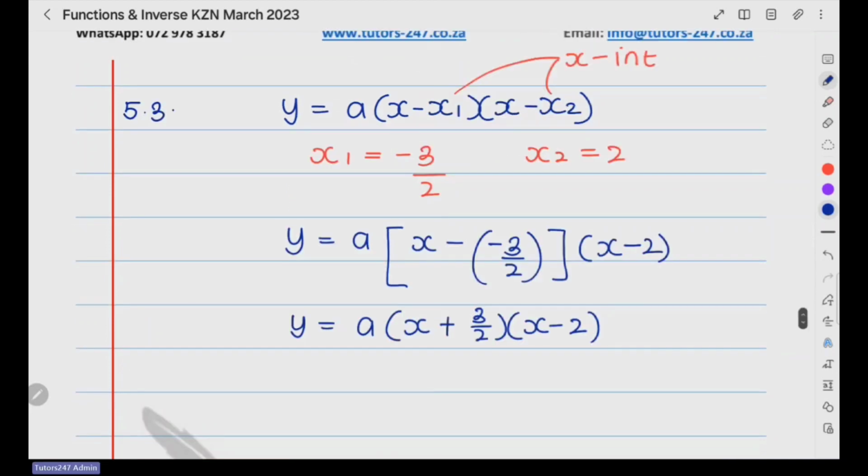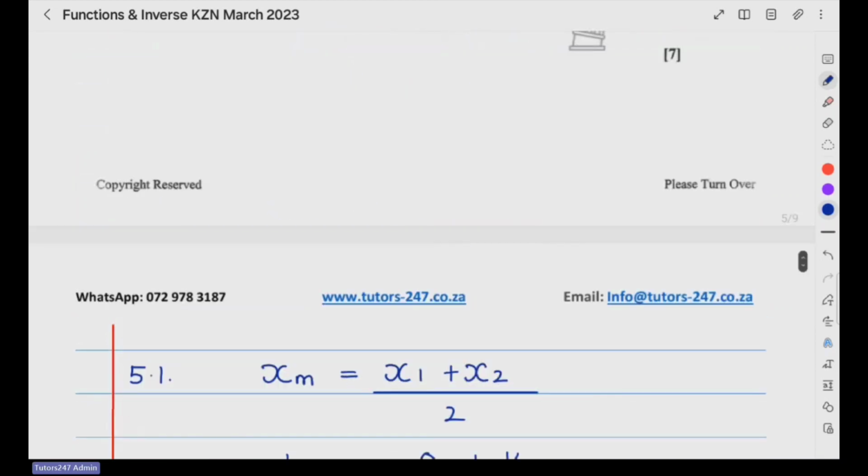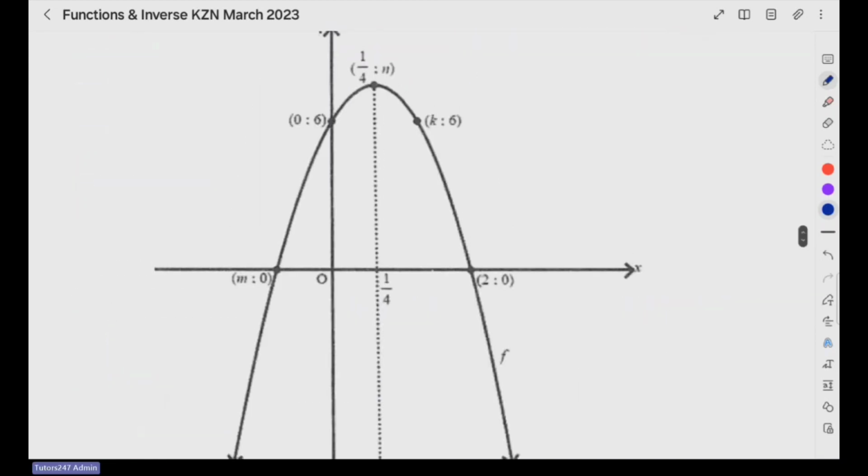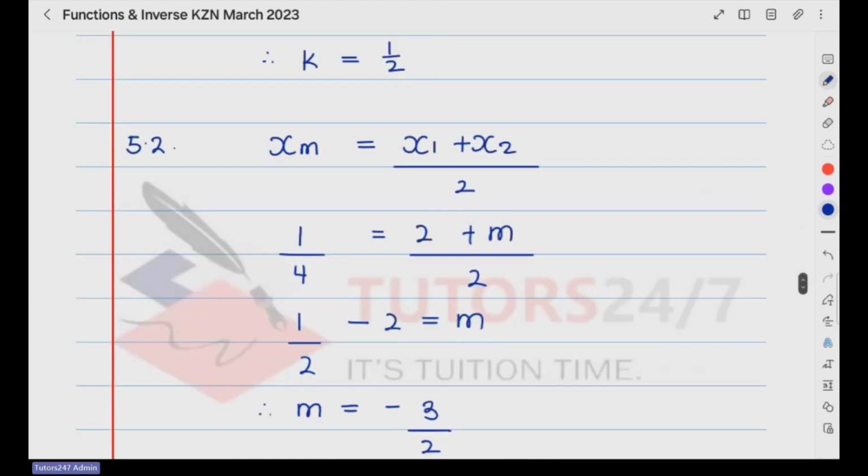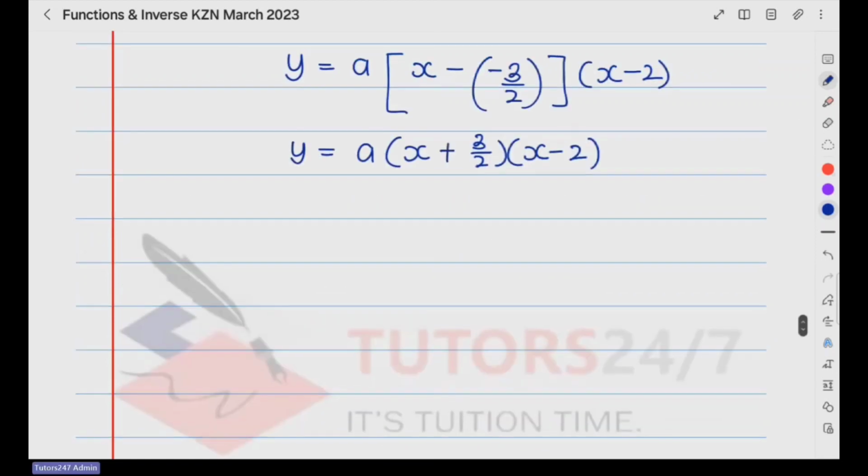Now that we've substituted our x-intercepts, we substitute any point on the function. So let's look for a random point. We can substitute 0 and 6, or we could substitute k and 6. Any is fine, as long as it's some point on the function. So I'm going to go with 0 and 6. So we'll substitute the coordinate 0 and 6.